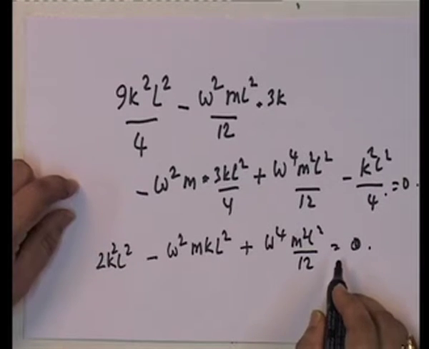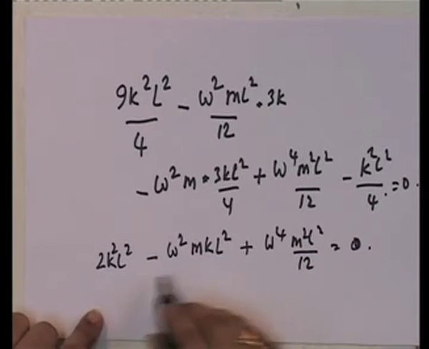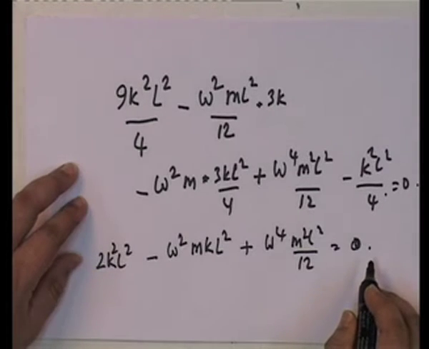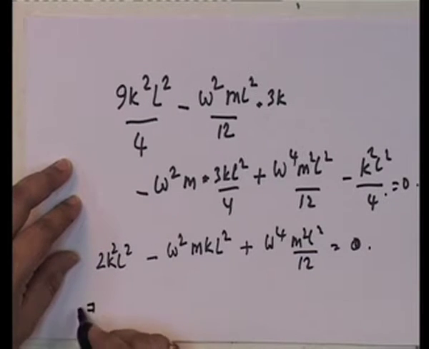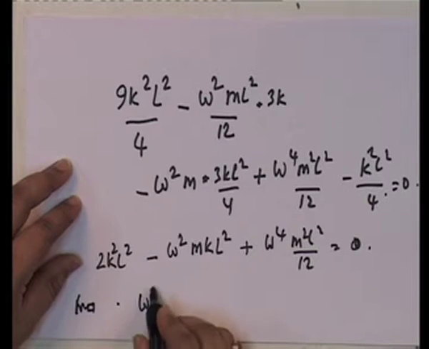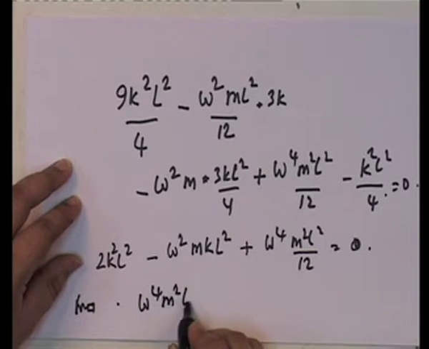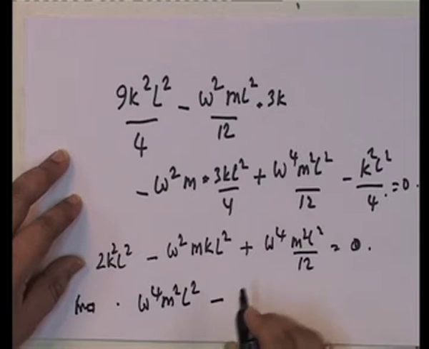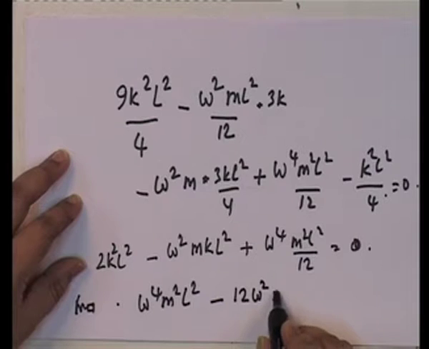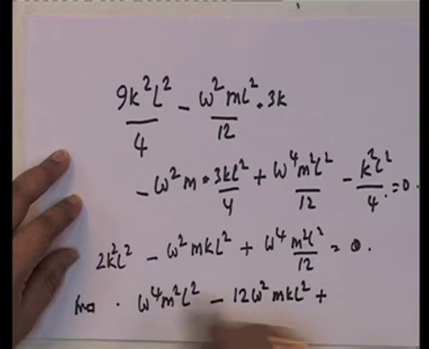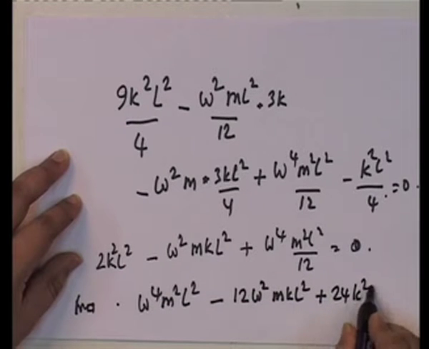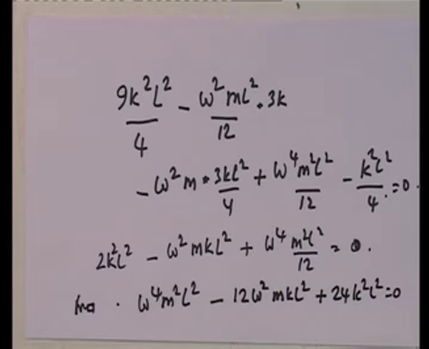Now, what I am going to do is pre-multiply both sides by 12. If I do that, the frequency equation finally is omega fourth m squared L squared minus 12 omega squared m k L squared plus 24 k squared L squared is equal to 0.